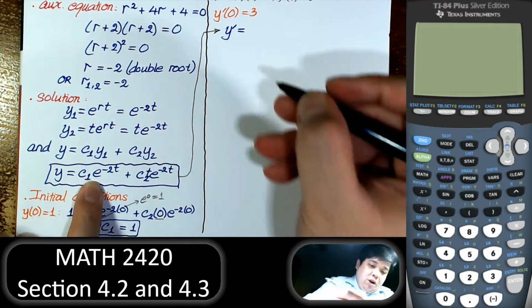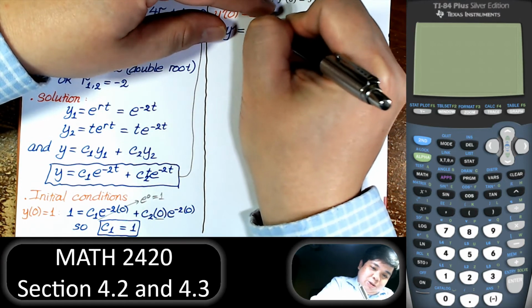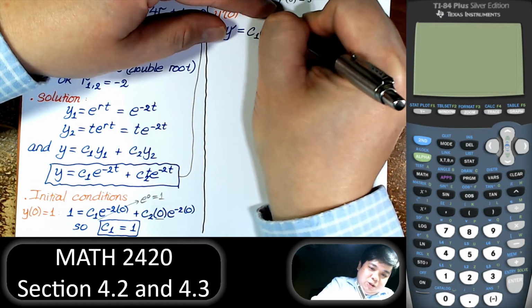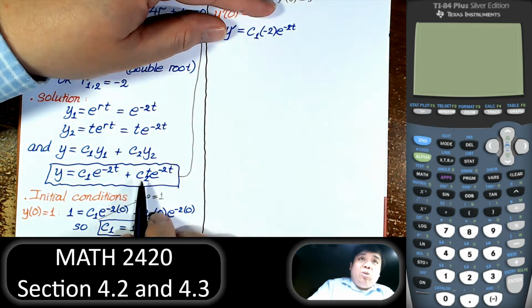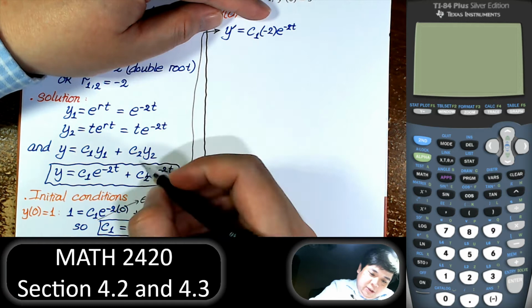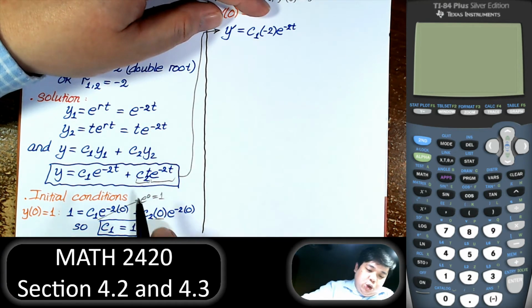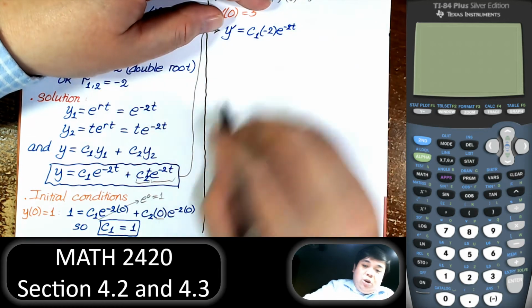The derivative of the first one is C1 negative 2 e to negative 2t, and the second one I have to use the product rule: u times v, so u prime v plus u v prime.